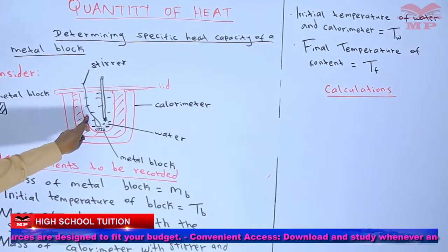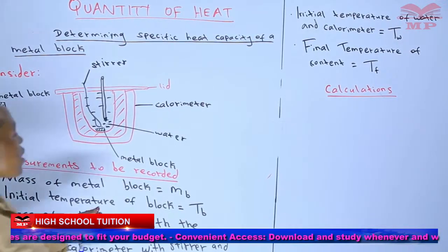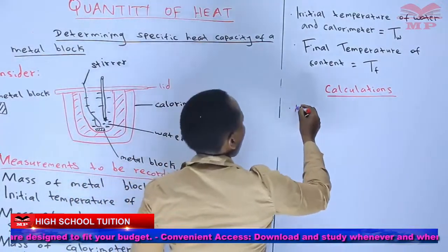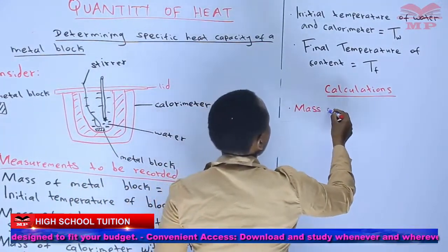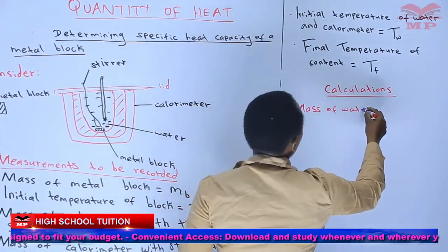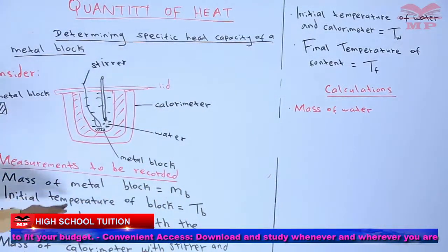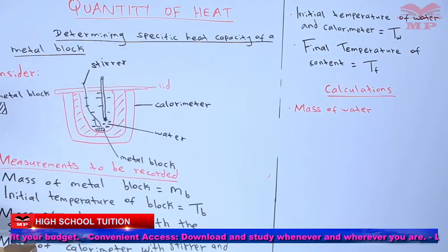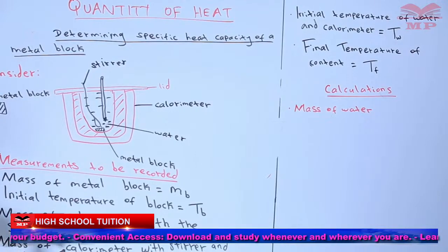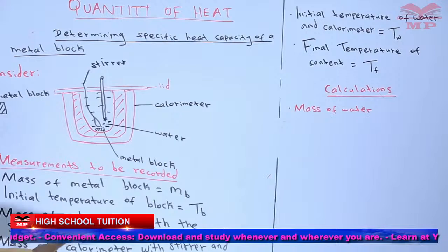So one of the calculations we need is the mass of water. What is the mass of water? We have not calculated it. We only have the mass of the calorimeter with the stirrer, then the mass of the calorimeter with the stirrer and water.